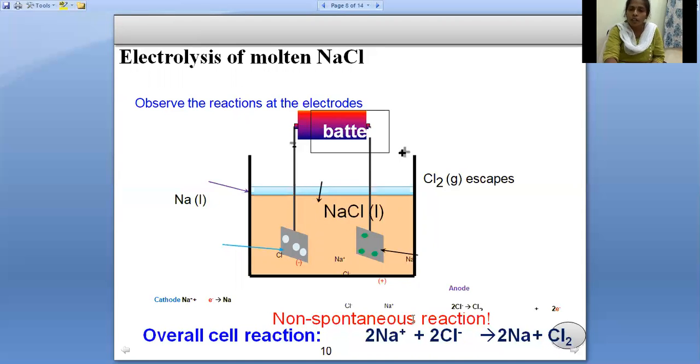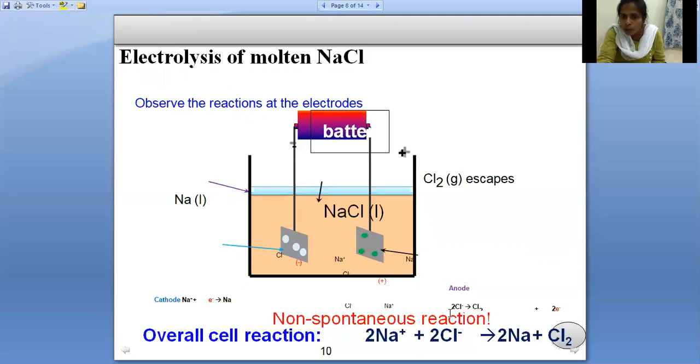So at the anode, electrons are lost. At the cathode, electrons are gained. Now this is the overall cell reaction. How to get the overall cell reaction? By adding these two reactions. Now we add the reactants and the products. 2 Na+ plus 2 electrons gives 2 Na.